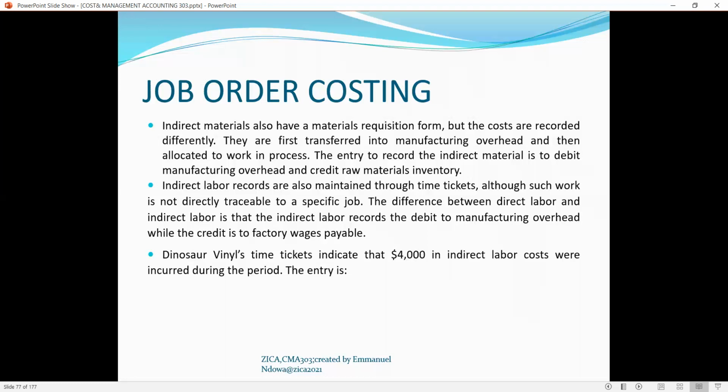One might ask, why is it that we are now placing the manufacturing overhead account in between? I will be in a position to explain why the manufacturing overhead account is now cropping up. Initially, we have been just transferring from the warehouse up to the relevant production unit department.